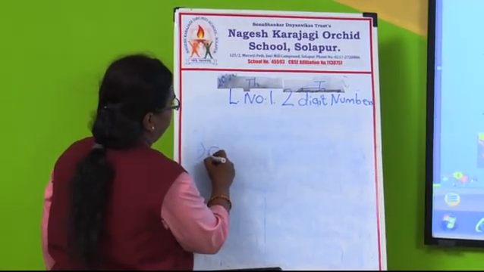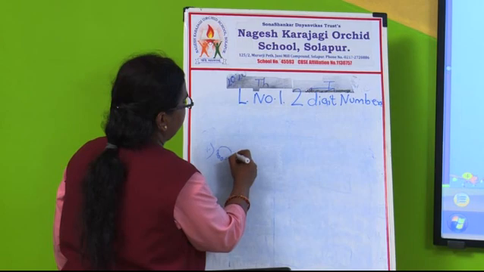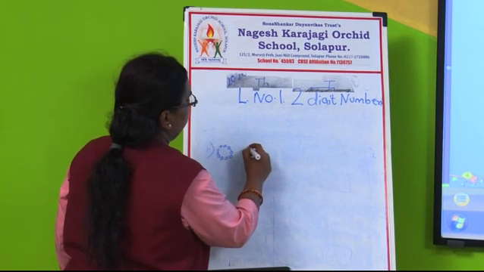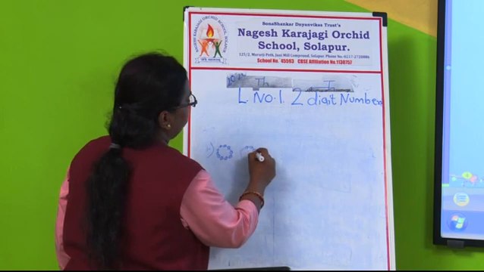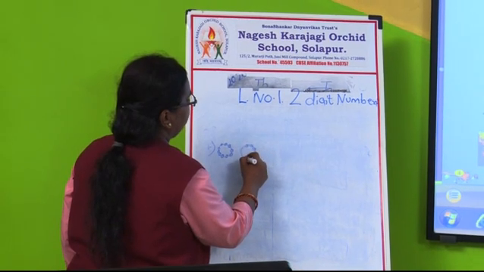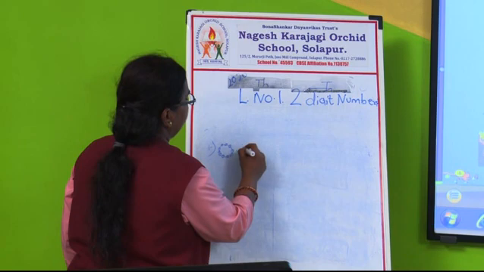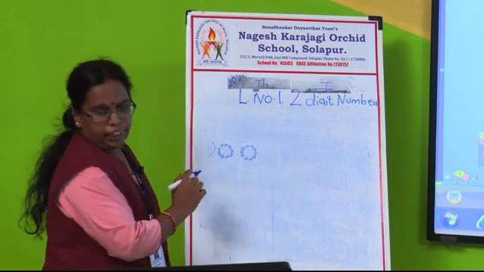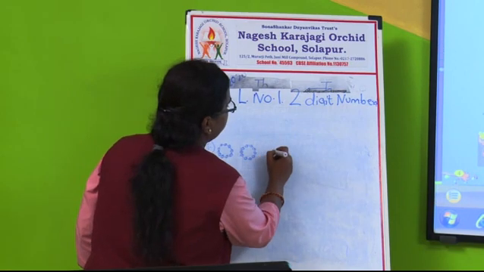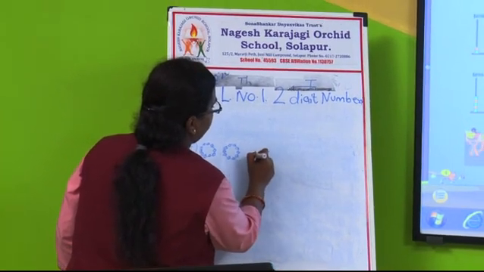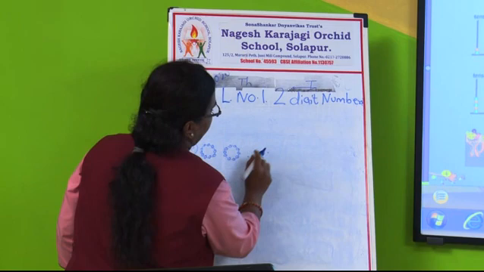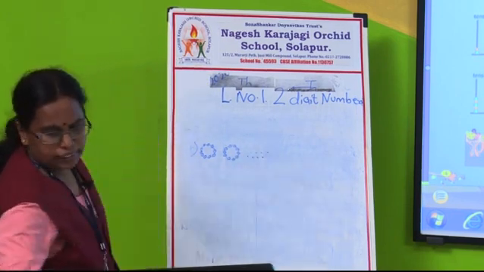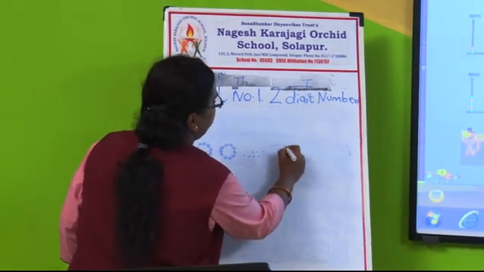1, 2, 3, 4, 5, 6, 7, 8, 9, 10. These are 10, and then 1, 2, 3, 4, 5, 6, 7, 8, 9. Now you can see 29 is given.